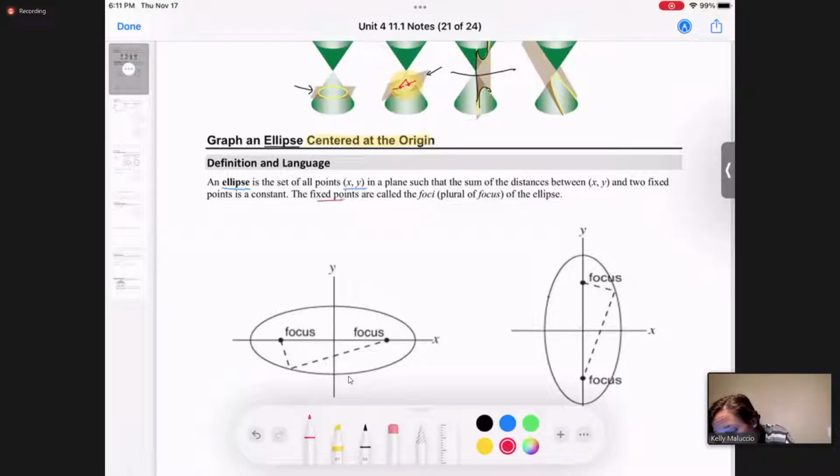Now we call the fixed points foci. It's just focus points, and the other point is just a point. I guess x, y is just a point on the ellipse.